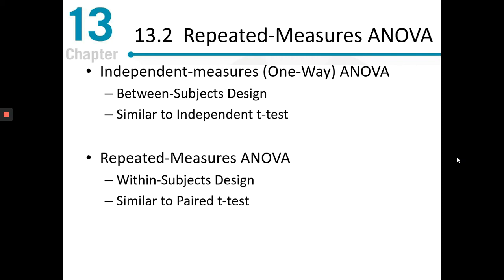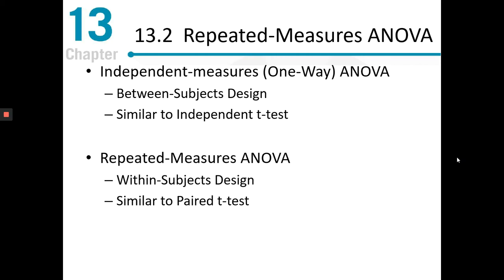And then repeated measures ANOVA is very similar to the paired t-test in that it has a within subjects design. So in a within subjects design, everybody gets all levels of the IV. And so in the paired t-test, we're comparing 2 things. So we could compare red versus green. Each person is going to get red, rate the attraction, and then they're going to get green, rate the attraction.